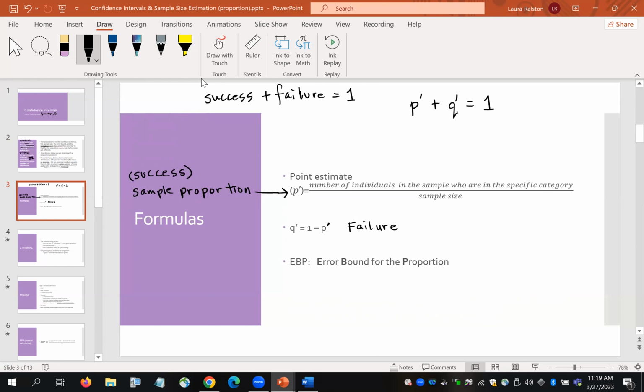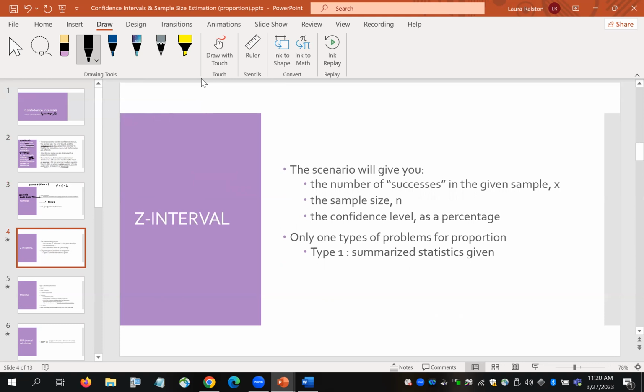And then we change the notation. It becomes the error bound for the proportion, EBP, because now we're talking about a proportion, not a mean. So the notation changes just a little bit. And it is actually a Z interval.